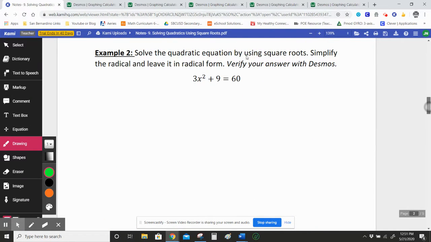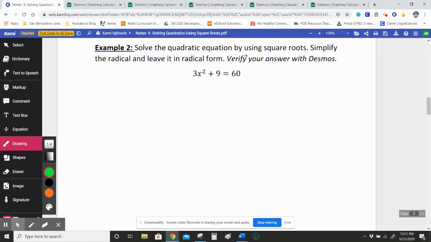Okay, example number 2. Solve the quadratic equation by using square roots, simplify the radical, leave it in radical form, verify your answer with Desmos. So same idea here. Let's solve for x. We're going to draw the wall, subtract 9 on both sides, subtract 9, subtract 9. I get 3x to the power of 2 is equal to 60 minus 9, which is 51.